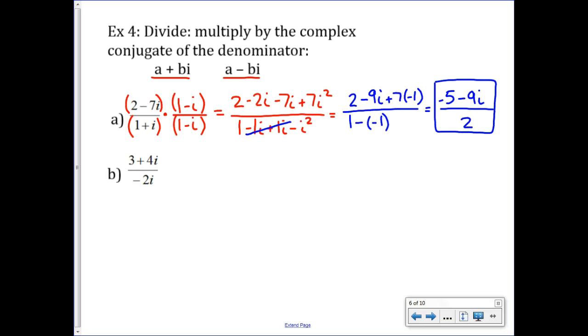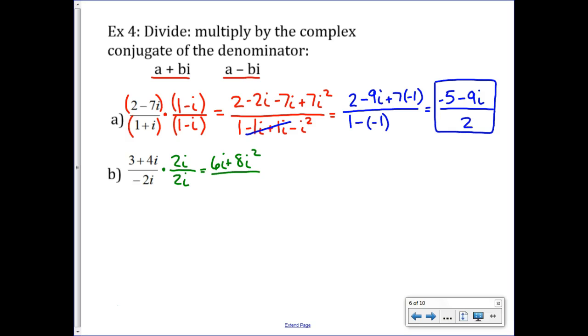Now, in this one, I only have a minus 2i, so I have 0 reals. So if I have 0 minus 2i, then I'm going to multiply by 0 plus 2i, or just 2i. So then it's more like I'm distributing here in the numerator. So 2i times 3 is 6i, and then 4i times 2i is 8i squared, and I have a plus sign in between those.